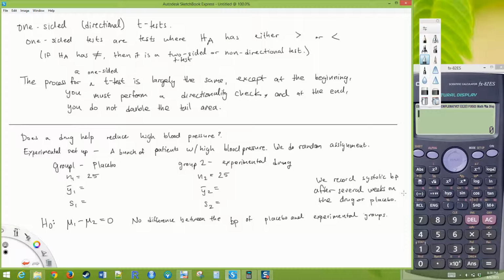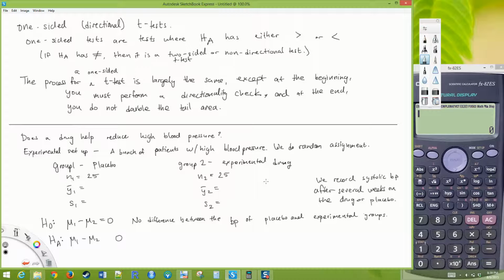Okay. But what we are curious about, the alternative, we are not interested in just, is this difference non-zero? Okay. We are actually only interested if we have evidence that the experimental drug is effective in reducing blood pressure, in reducing high blood pressure, right?